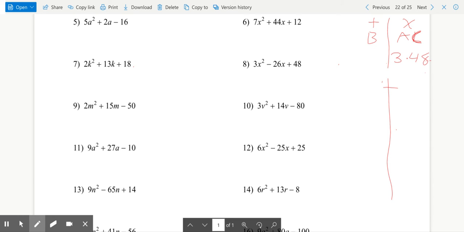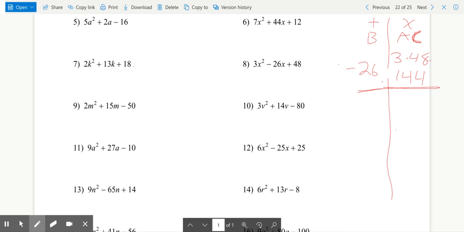The first times the last, 3 times 48, and adds to negative 26. So 3 times 48 is 144. So we're looking for something that multiplies to positive 144 and adds to negative 26.